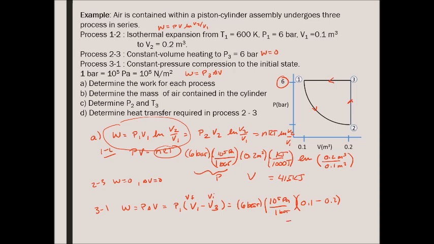And we're going to do the same unit conversion, kilojoules to kilojoules, because otherwise we end up with a really big number. And we get negative 60 kilojoules as the amount of work done for that process. And it should be no surprise that that is a bigger amount of work, because if we look at the PV diagram, we're looking at this big area underneath this curve, whereas this one is the relatively smaller area underneath that curve.